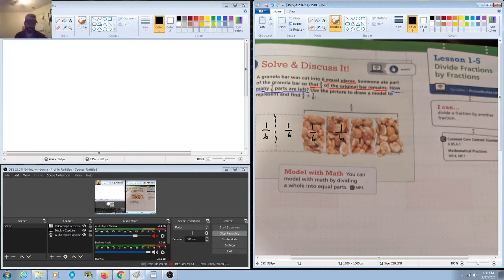The next thing we want to determine is, if 2/3 of the bar is left, we want to represent 2/3 as a fraction with a denominator of 6, because we're asking how many 1/6 parts are left. So we're going to find the equivalent fraction of 2/3 with a denominator of 6.